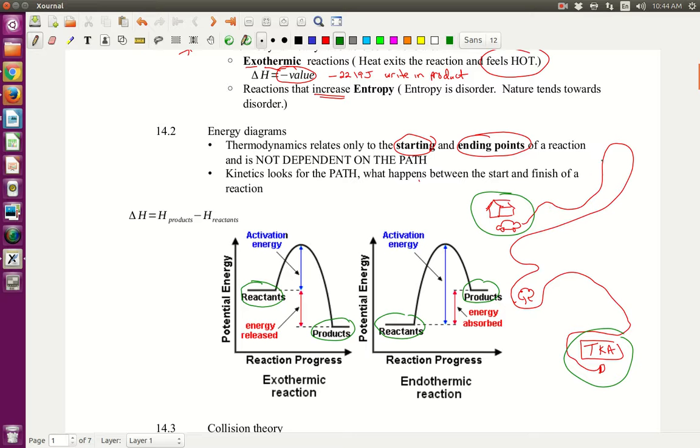Kinetics measures the pathway. How long does it take me to get there? What can I do to shorten my pathway? So kinetics would be much happier if I took a short path. I got in my car and I went, bam, TKA, around the corner, and I parked. I got there a lot faster. So kinetics compares the two pathways. Thermodynamics measures the beginning and the ending.